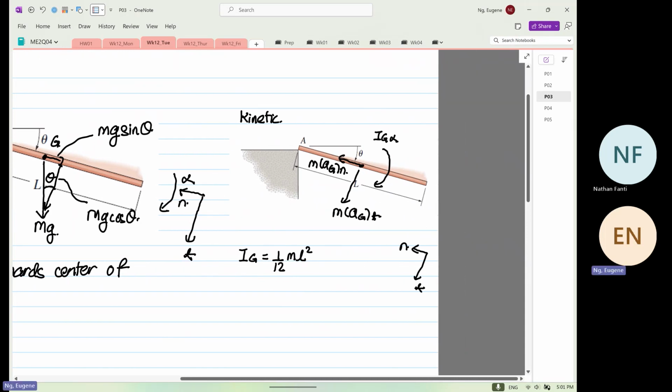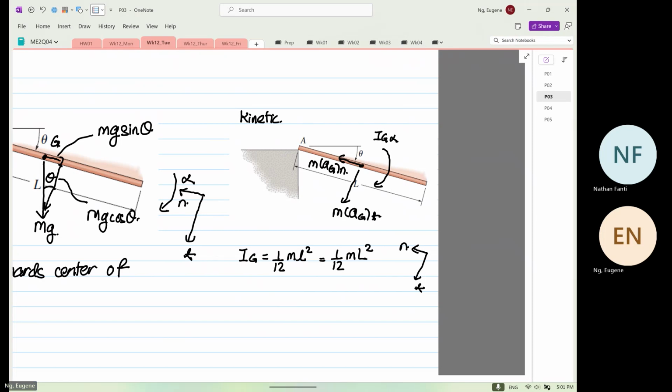These formulas will be given. I_G is equal to 1/12 ml squared. Then our a_G N will be equal to omega squared R, so this is equal to omega squared L/2.